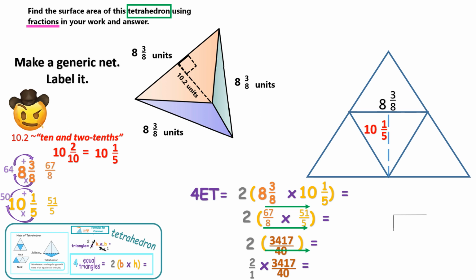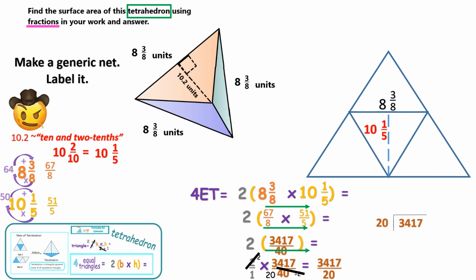Now I can cross reduce because 2 will go into 2 and 40. So if I reduce those, I have 2 going into 40 20 times and 2 going into 2 one time, which gives me 3,417 over 20.